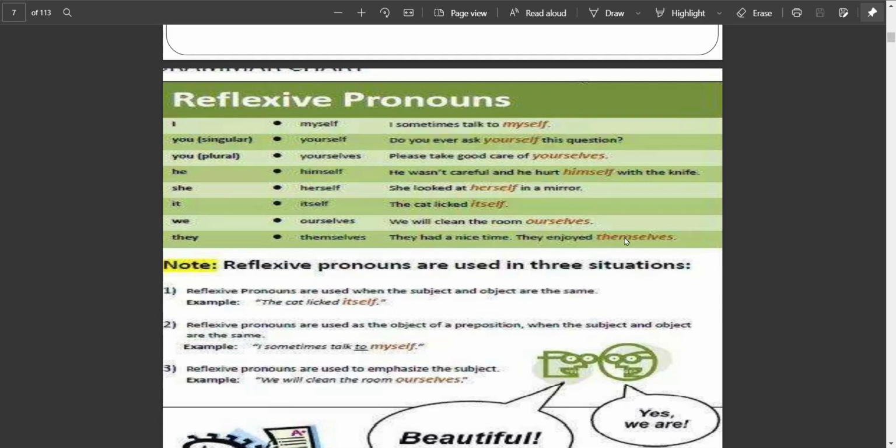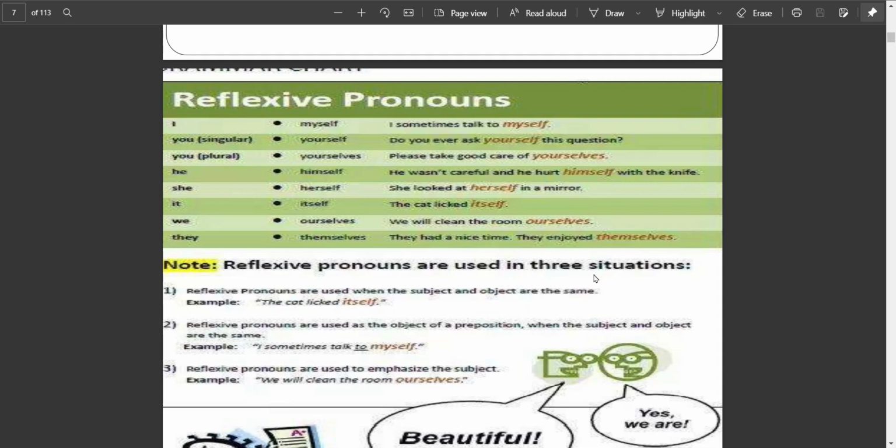They enjoyed themselves. Right? Now reflexive pronouns are used in three situations. Number one, reflexive pronouns ضمائر الانعكاسية are used when the subject and object are the same. عندما يكون الفاعل والمفعول the same. Example, the cat licked itself.